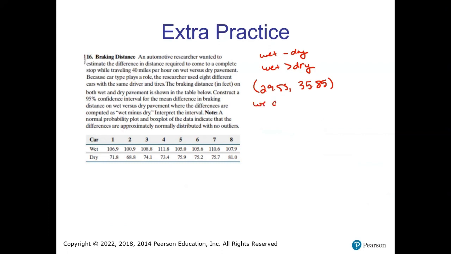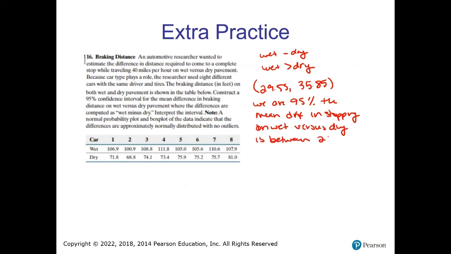So we are 95% confident the mean difference in stopping on wet versus dry is between 29.55 and 35.85. Is it feet? Yes, braking distance in feet.